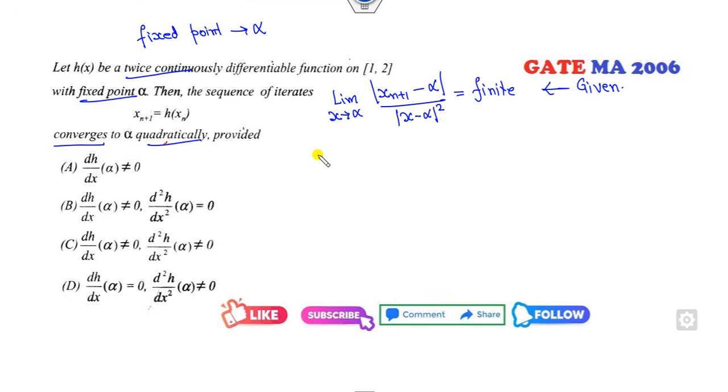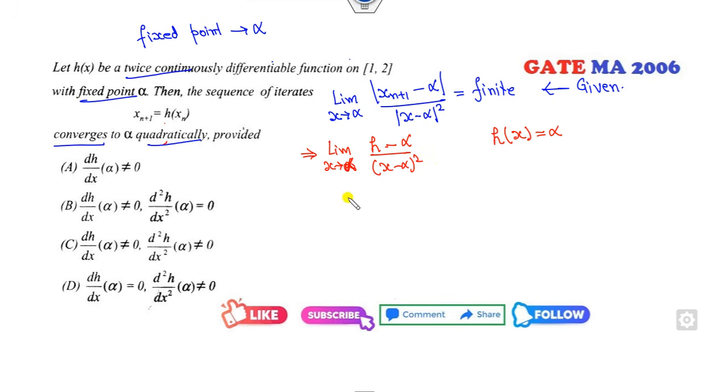Then what will be the condition? That's again very simple. I can start with this condition: x_{n+1} is h(x) minus alpha over (x minus alpha) squared, which is a finite number. But if you substitute x as alpha, the denominator is 0, so when will it be finite? It will be finite only when h(alpha) is alpha. Then only it's a 0 by 0 form.